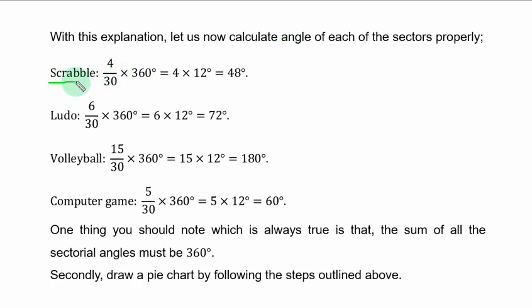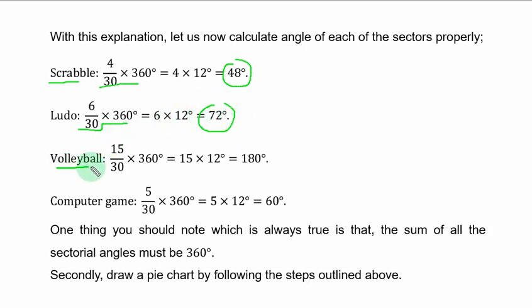So Scrabble, you have 4 over 30 times 360 degrees. That simplifies to 48 degrees. Ludo, you have 6 students over total students 30 times total angles in a circle. That simplifies to 72 degrees.